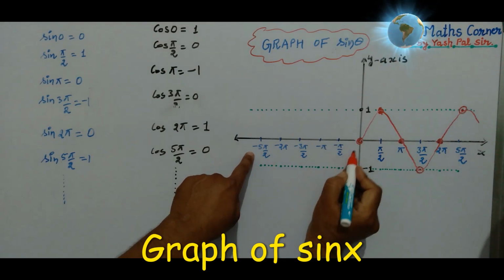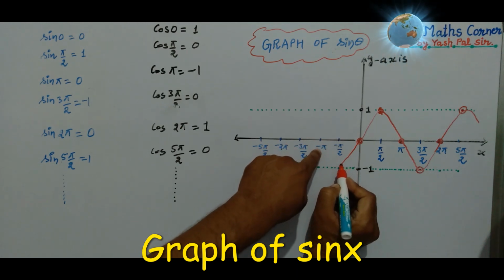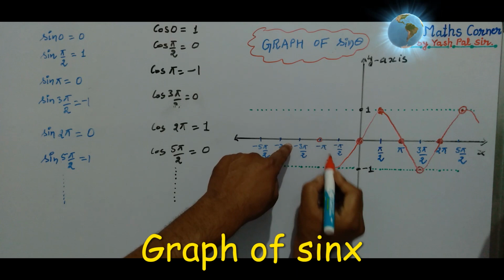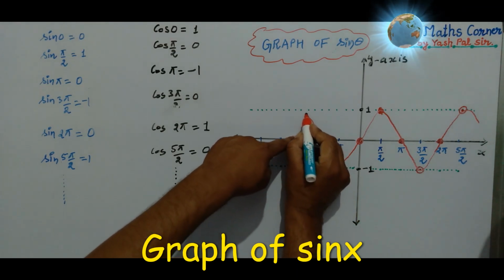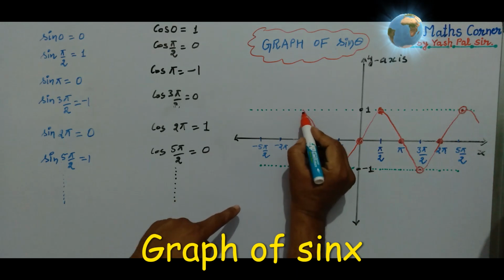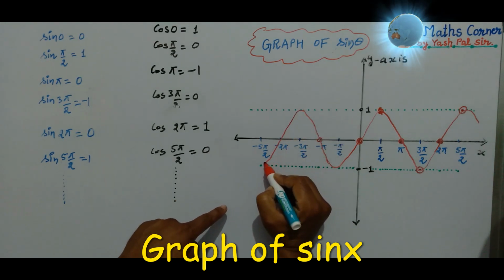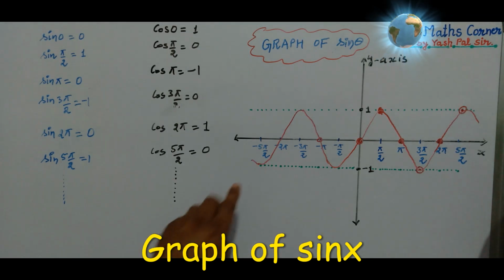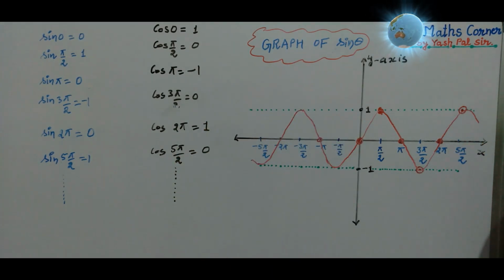So here this will be moving like this. Thereafter at pi the value will be 0. Now at this point the value is plus 1, thereafter minus 1, right? So this will be the graph of sine theta.